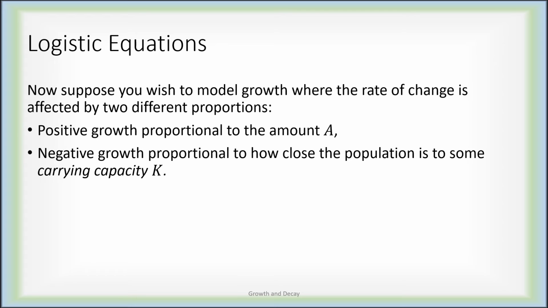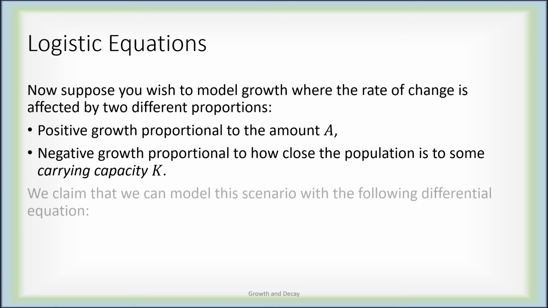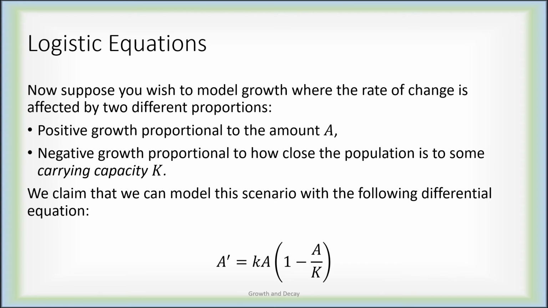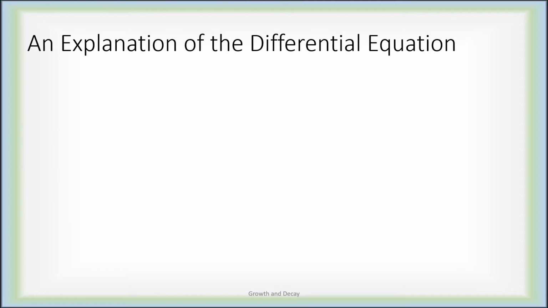So population grows, but as it approaches K, there's another force that's going to slow down population growth. So we claim we can model this situation with the following differential equation. A prime is some constant times A times 1 minus A over capital K, where capital K was that carrying capacity, the limiting population. Well, where did this differential equation come from?